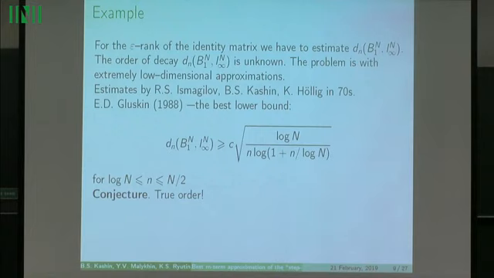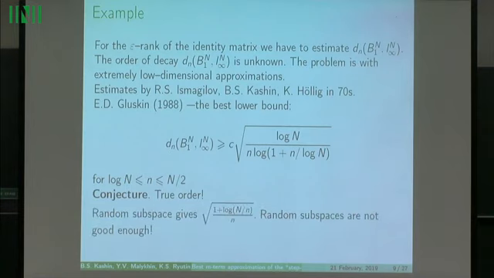So he proved the best lower bound. I wrote it here, and he conjectured that in effect it's the true order, but it's not known even today. Also there is another result in this paper: the calculation of the approximation given by random subspaces. And you can see that these random subspaces are not good enough in the regime of extremely low dimensional approximations.